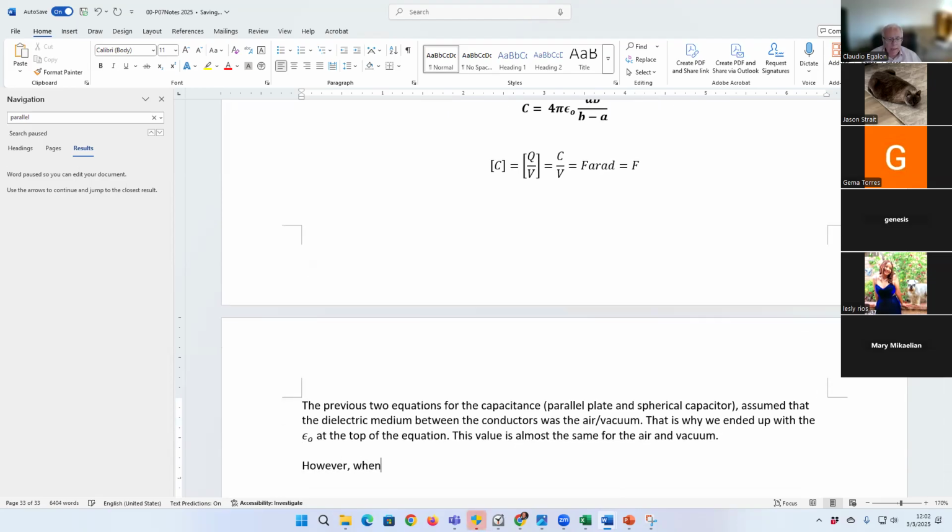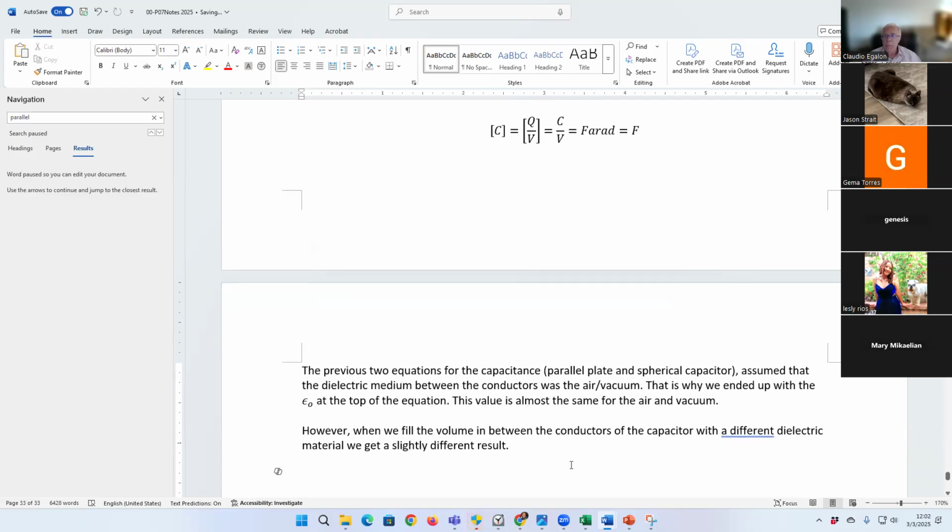However, when we fill the volume between the plates of the capacitor, between the conductors, with a different dielectric material, we get a slightly different result.